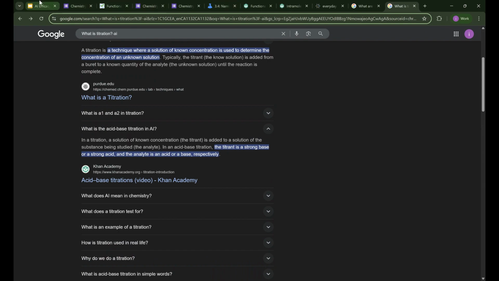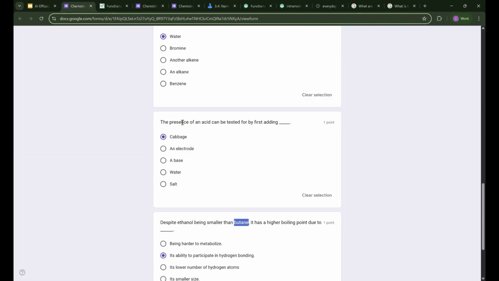Oh, maybe it's just referring to titration. But then you would need an indicator. I don't think it's a base because that would simply neutralize it.